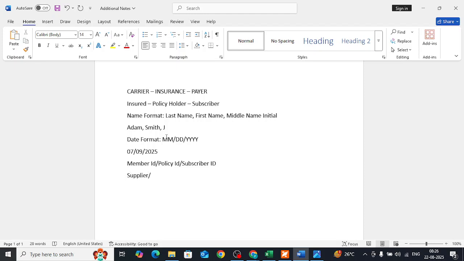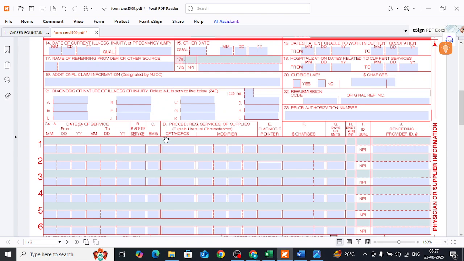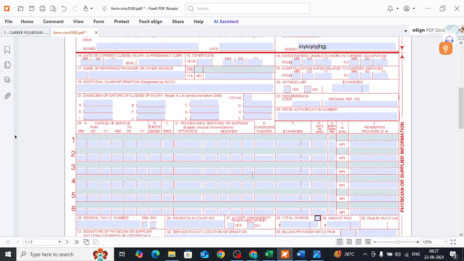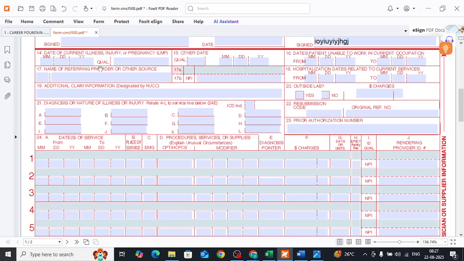Supplier is nothing but the provider, nothing but the doctor or hospital. So who has supplied the service? Their information, that means the doctor's information, will go here in this portion.